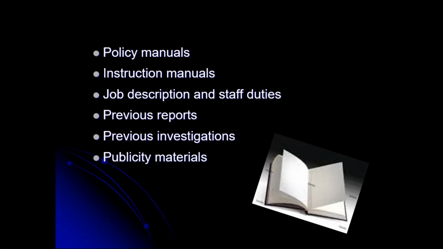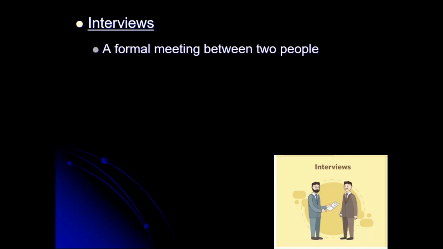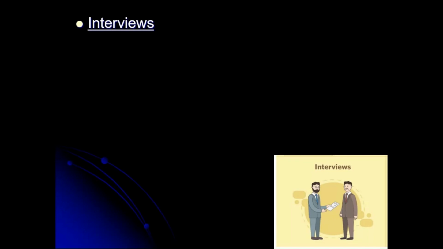So with that, we can move to the next technique that we are going to use in data collection, which is the interview method of data collection. Interview method is a method to collect primary data. What is primary data?